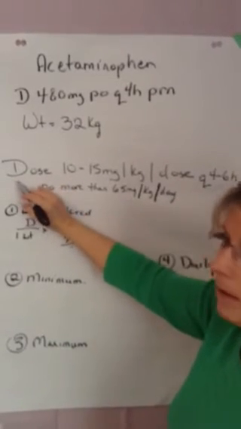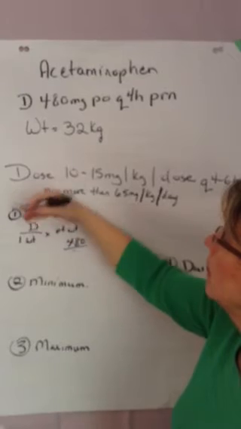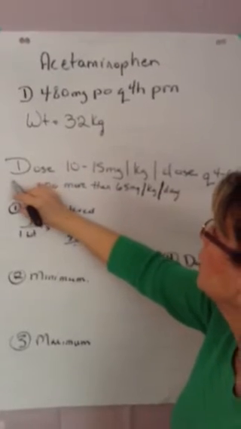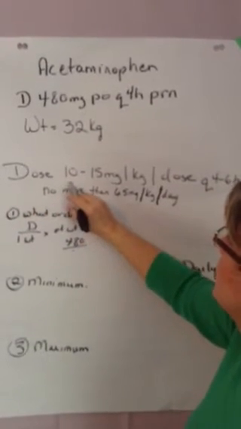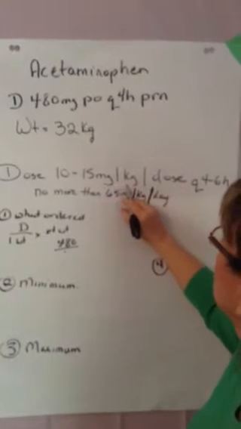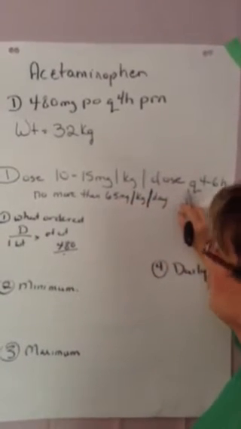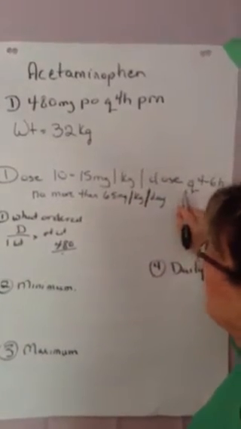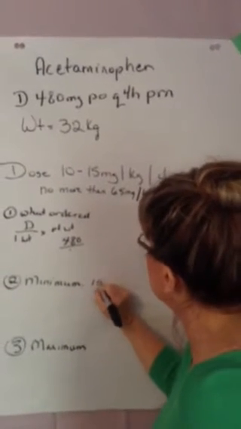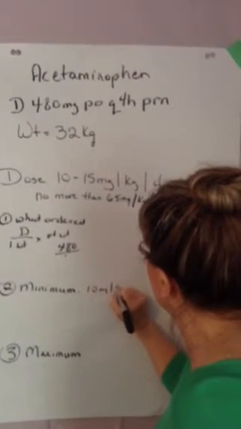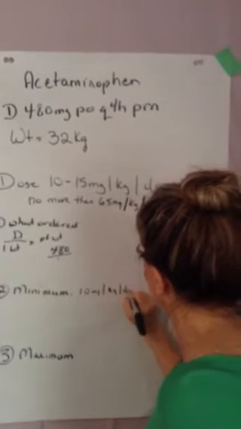And when we look in our drug manual or our information at the hospital, it says dose 10 to 15 milligrams per kilogram per dose. So our minimum is 10 milligrams per kilogram per dose.